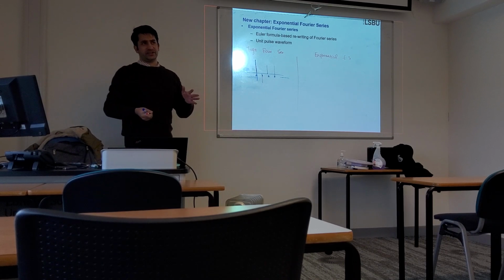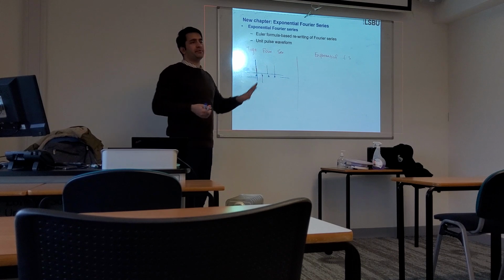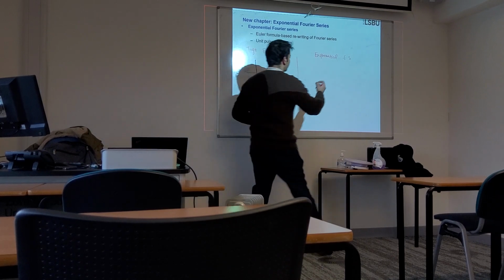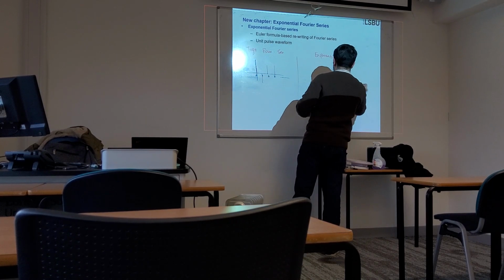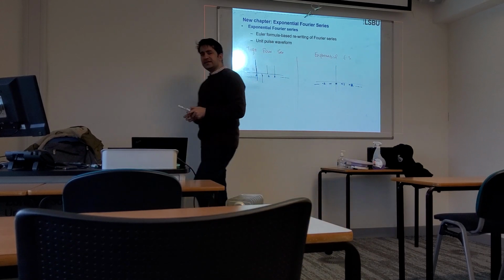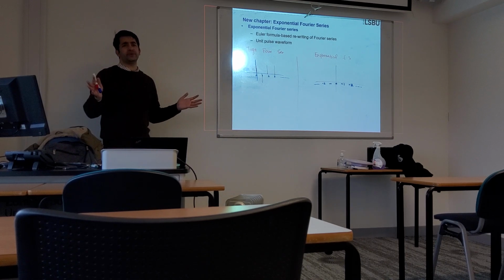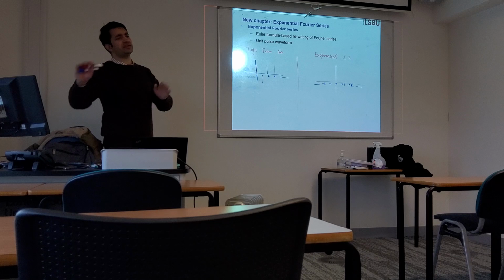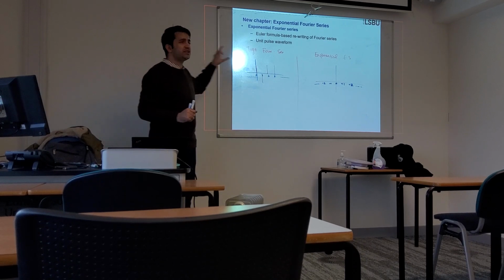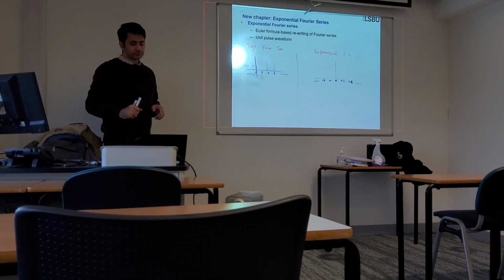However, later on we will see that in case of exponential, you have values on both sides. You have -1, you have +1, you have -2, you have +2, and so on. It means that the exponential series can visualize both negative frequencies as well as positive frequencies. So this is one of the key differences.